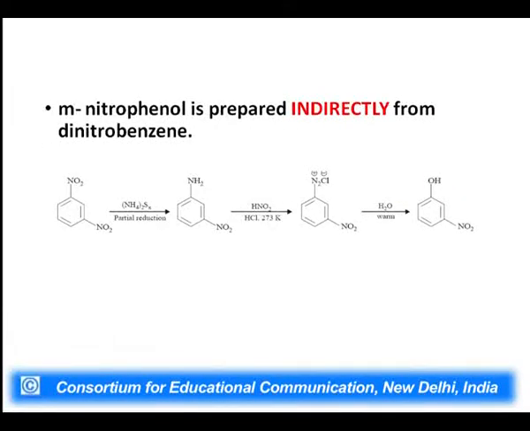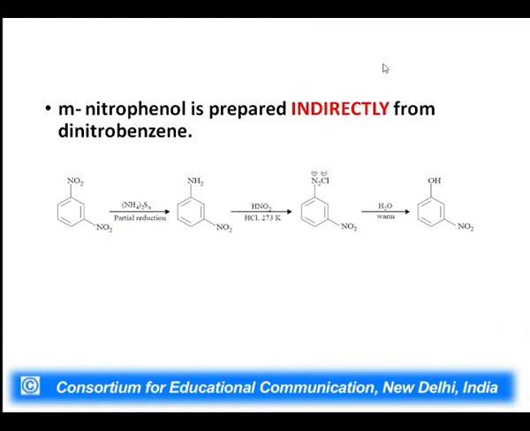Now if we have to prepare metanitrophenol, then what we do is we start the reaction with benzene and convert benzene into metadinitrobenzene. Then this metadinitrobenzene is reduced with ammonium sulfide. This ammonium sulfide brings about selective, or we'll say partial, reduction, when it reduces one of the nitro groups to an amino group.